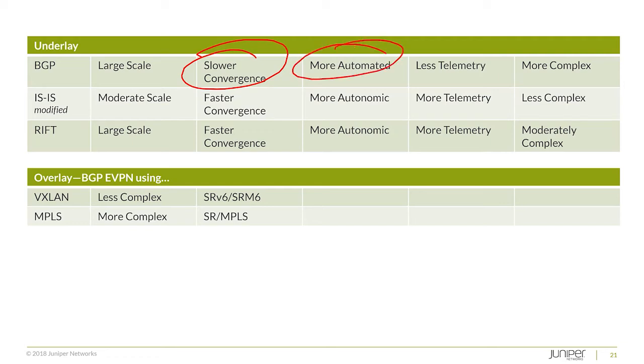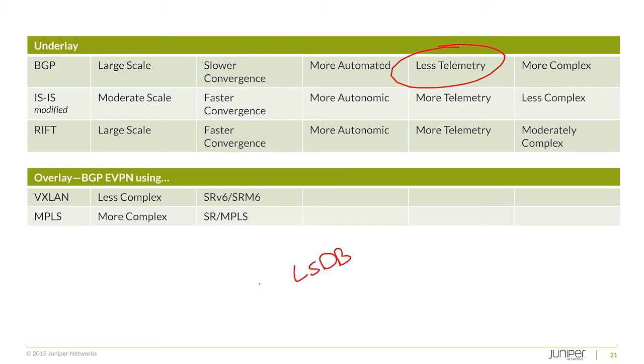BGP is not really designed originally to be very autonomic, so you tend to need to do a lot of automation. You don't have a lot of, well, you have a lot of telemetry, but you don't have what I consider to be very important, which is a link state database, which is an entire overview of the entire fabric. I also consider BGP to be fairly complex as a protocol. It takes a lot of work to make BGP converge at all in a large-scale fabric, or to converge very quickly.